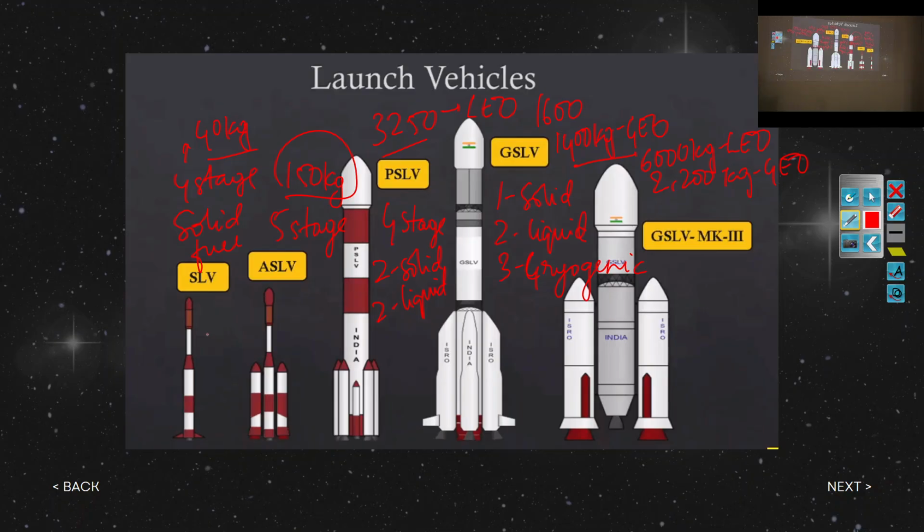This has a payload capacity of 4000 kgs for geostationary and 10,000 for low earth orbit. Chandrayaan 3 was launched with this GSLV Mark III.